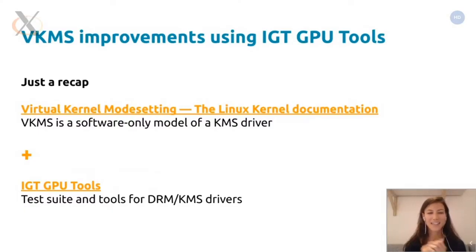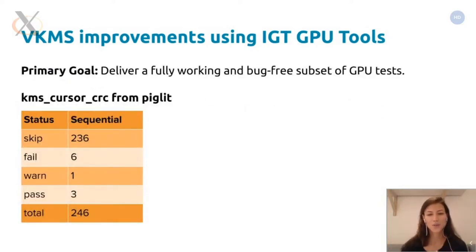And we can say that there is a mutualism between them, that improving one is fruitful to the other. So with this in mind, my primary goal was to deliver a fully working and bug-free subset of GPU tests.